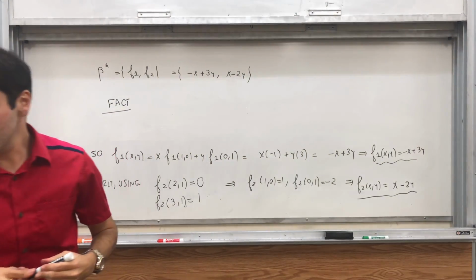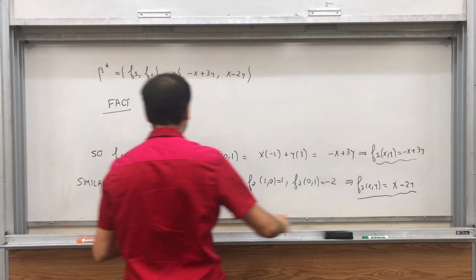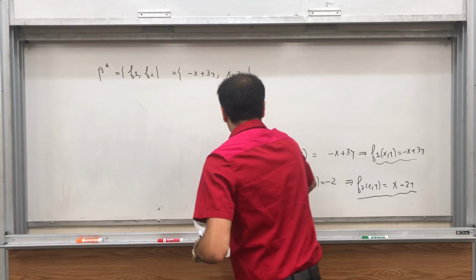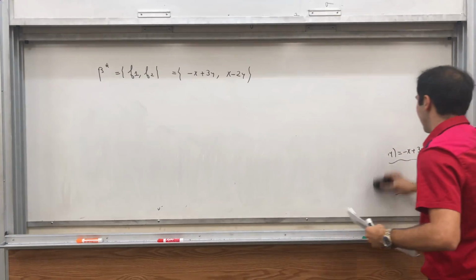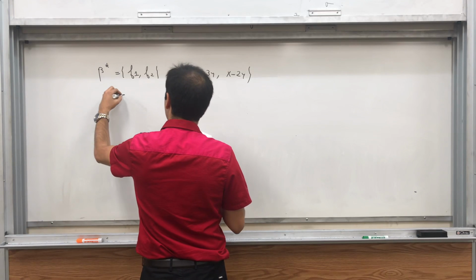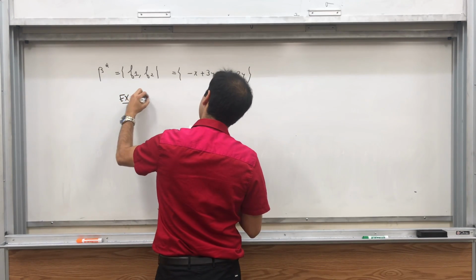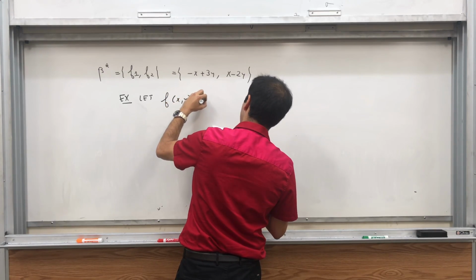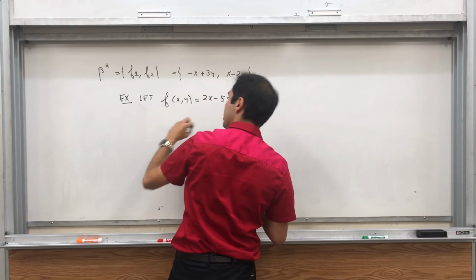So, in particular, consider the following arbitrary linear functional. And let's see if we can write this in terms of our fi's. So, example, let, again, f of (x, y) be, let's say, 2x minus 5y.